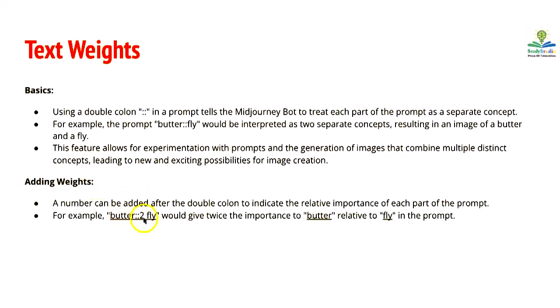For instance, if I write 2 here, then it means that the butter would be given twice more importance relative to the fly. A very simple basic concept, but it can be very powerful when we're working with words that can have double meanings, for instance, butterfly, and then if you want the algorithm to focus more on a specific word or a phrase rather than the other one.